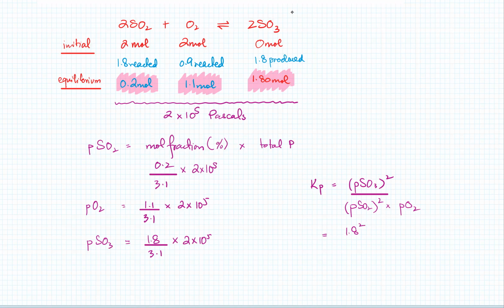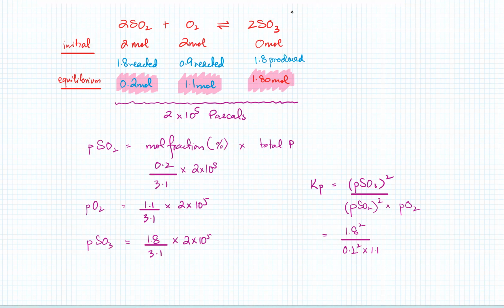Yeah, the calculator can just take everything and find this out. So it's 1.8 squared. The bottom SO2 is 0.2 squared times O2, that's 1.1.